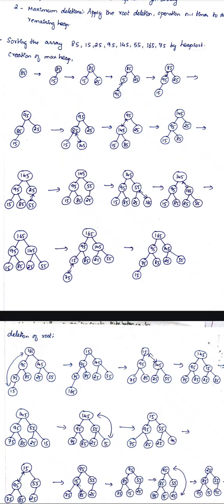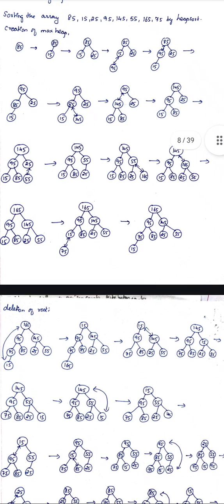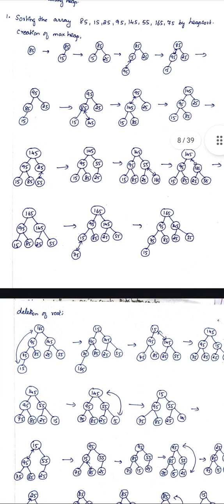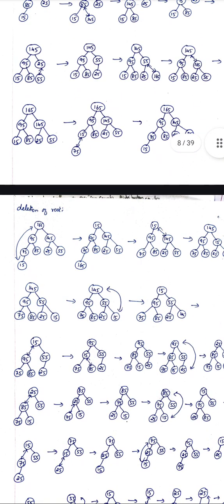Comparatively, 55 is less, so 165 is again taken up and made correct. Then the next is 75. 75 is added at the leftmost corner of the tree, and then it is compared to 15. It is greater than 15, so it is swapped. So this is the tree which we have obtained.